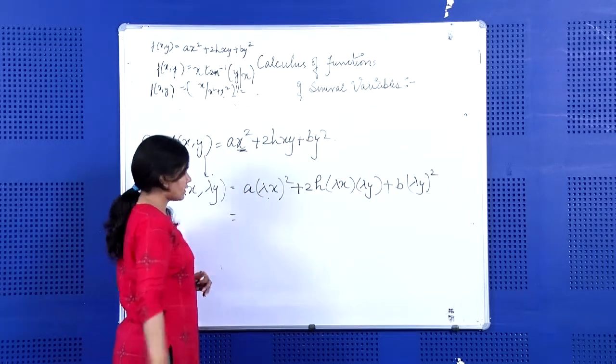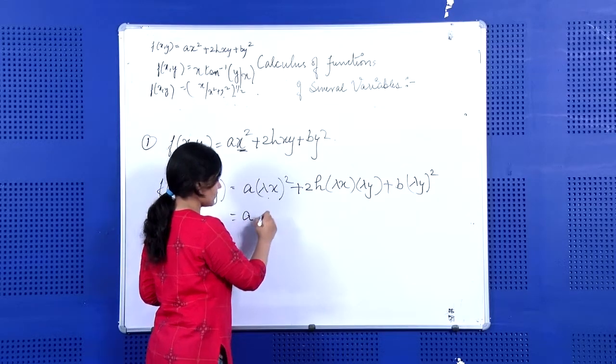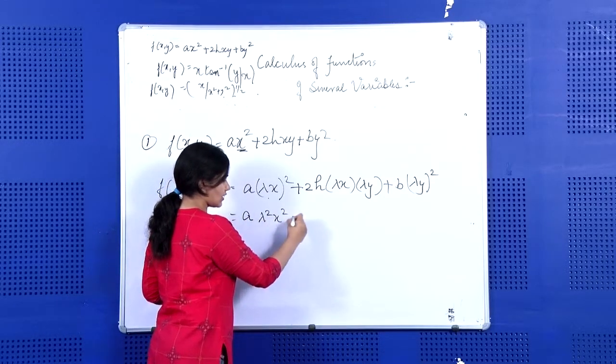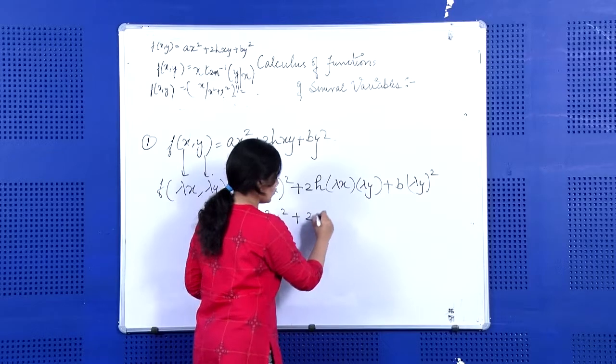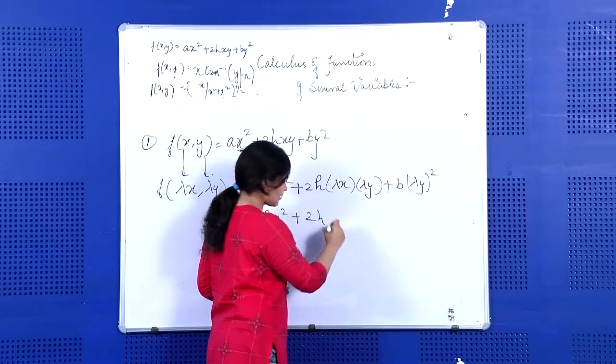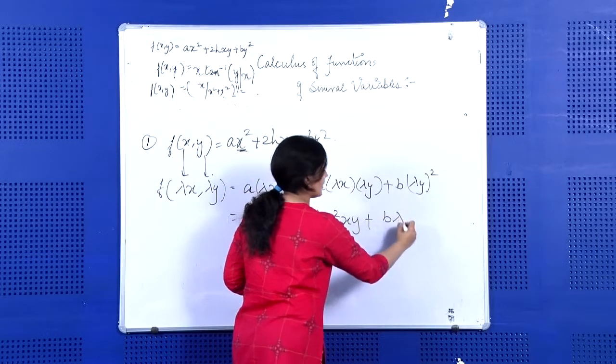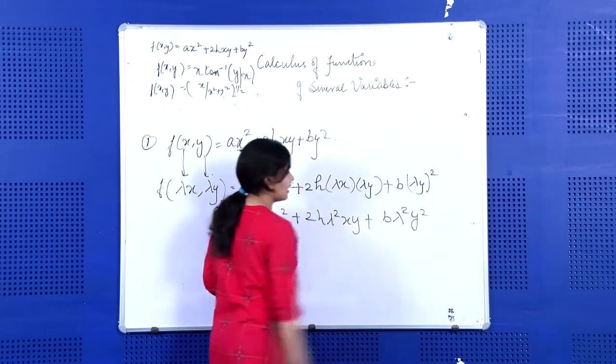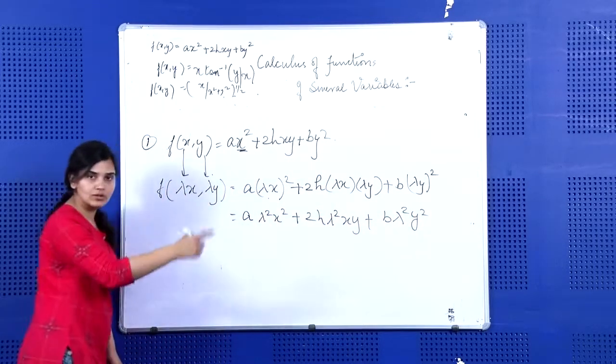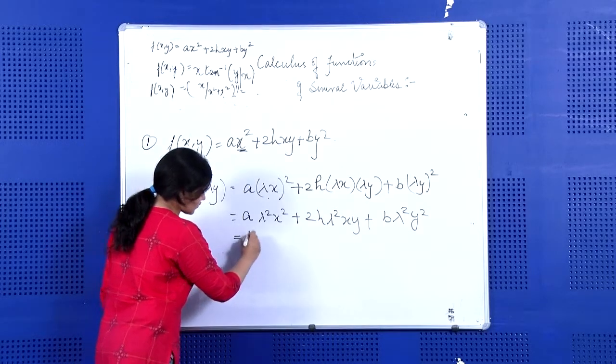Now, let us solve it out. After solving, we will be getting a lambda square x square plus 2h, lambda into lambda will give me lambda square x y, plus b lambda square y square. I can see lambda square is common throughout, so I can take lambda square common.